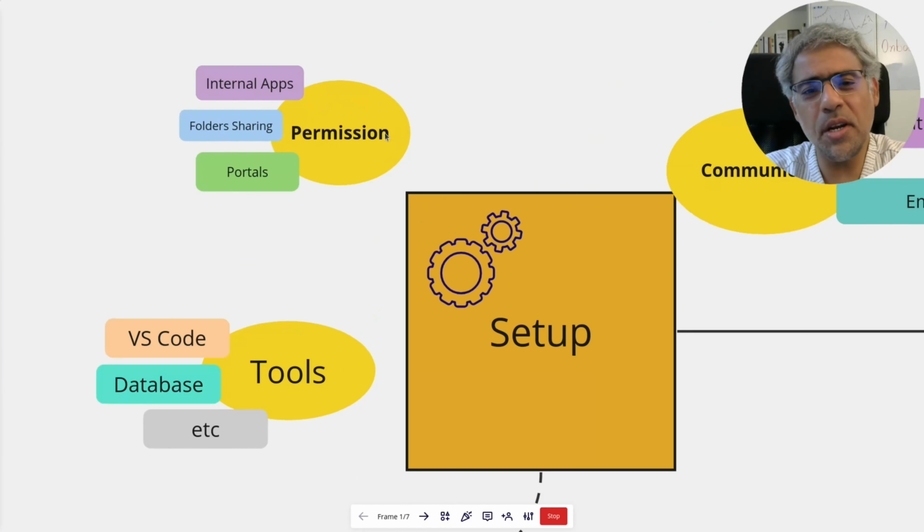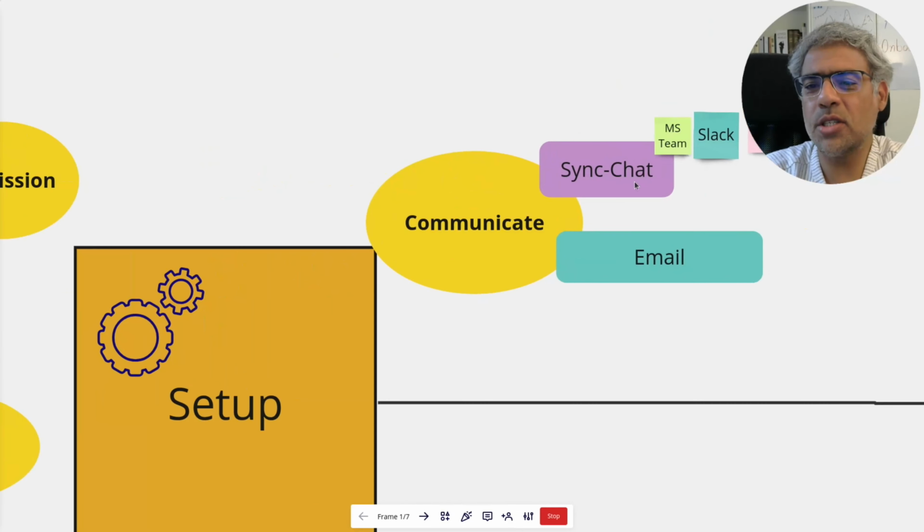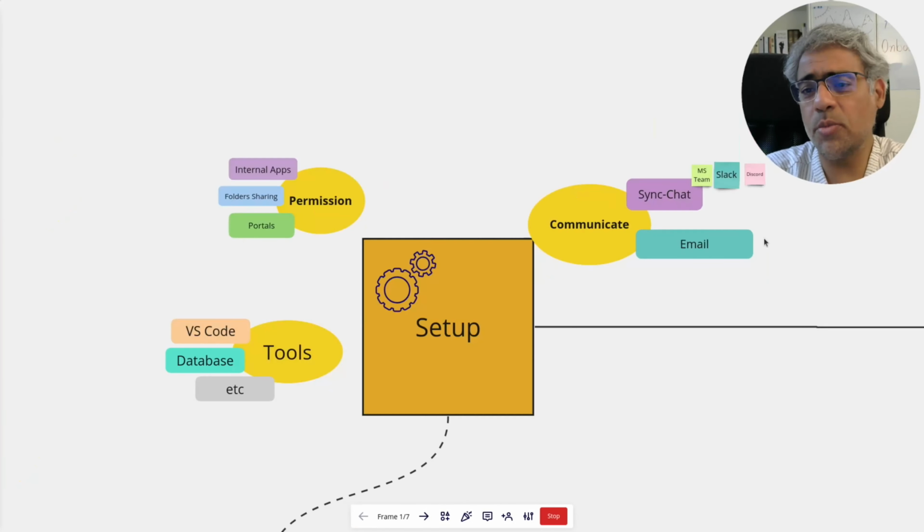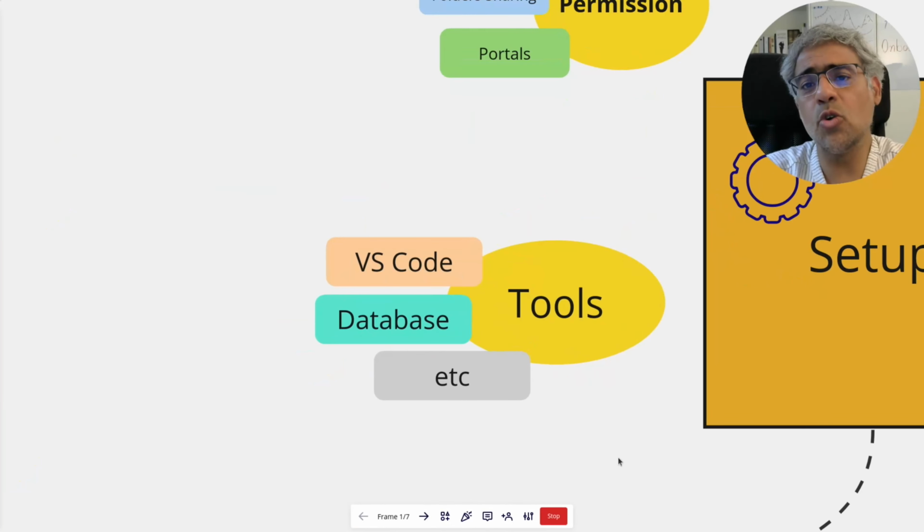You need some permission for internal application, folder sharing, and you need some application and permission for communication, sync chat like Slack, Discord, etc. You need to set up your email address, and based on your role, you need to install some tools to do your job.